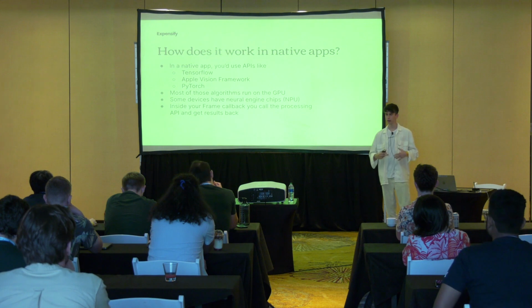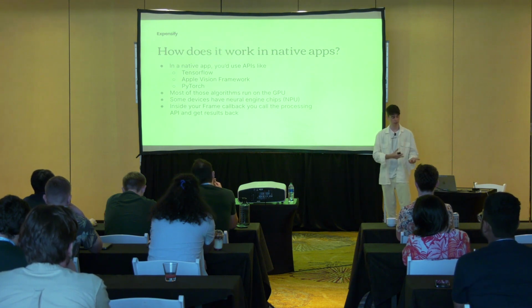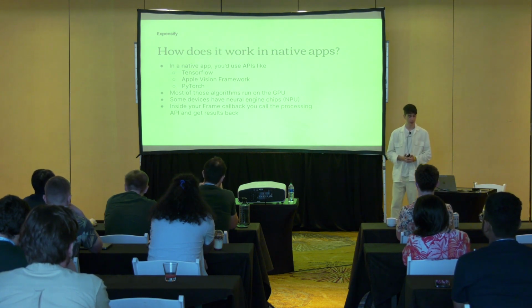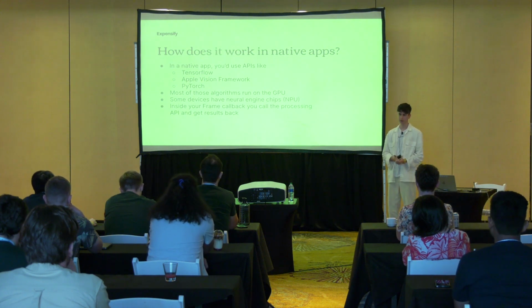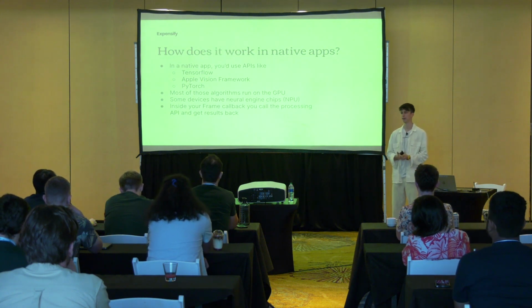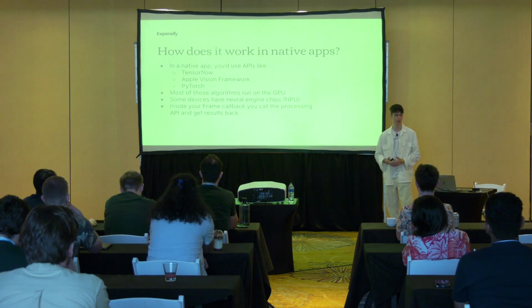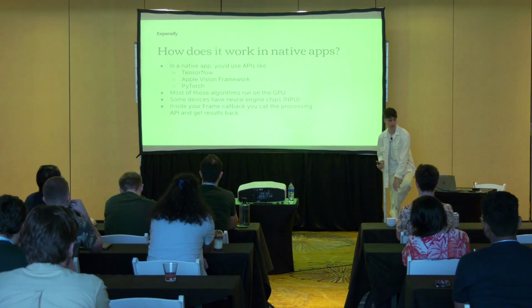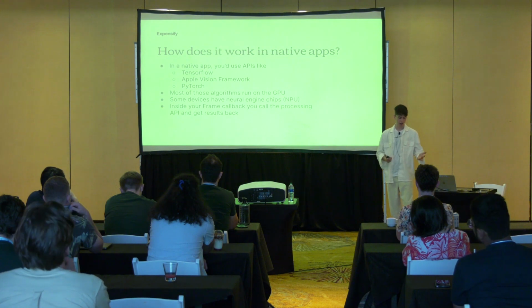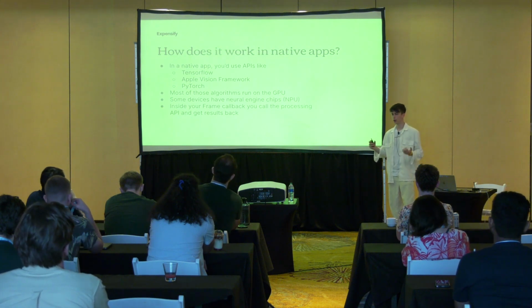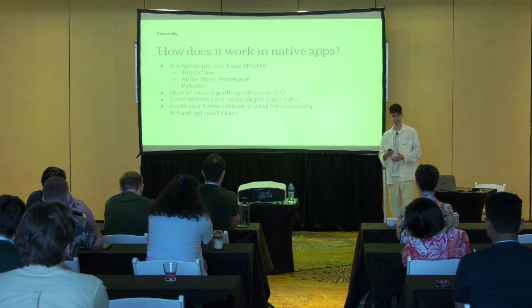So you can execute it with a new frame, you can read the results back, and those algorithms usually run on the GPU. Some devices have an NPU, so some newer Apple devices have an NPU as well. That's even faster than a GPU. I think only Apple Vision runs on NPU, maybe TensorFlow as well. I think there's some plugins for that. And yeah, inside the native callbacks that we saw earlier, you call those APIs and then get results back.